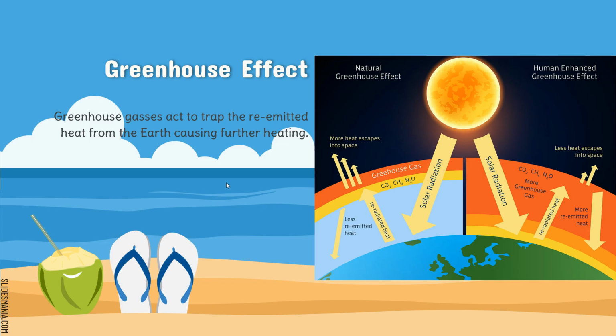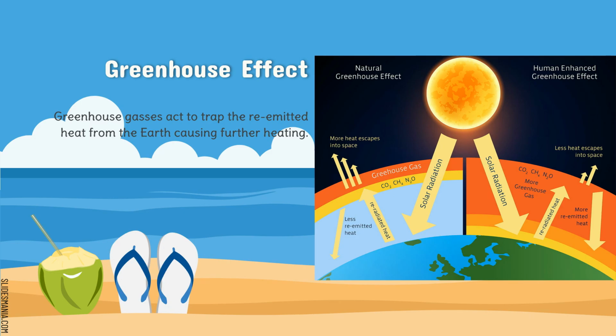So those greenhouse gases act to trap the re-emitted heat from the Earth, causing further heating of the Earth. And we've got this image here, natural on its own. Solar radiation comes in, right? That's the same no matter what. The re-emitted heat, again, is similar no matter what. We won't deal with too many super specific situations, but certain things, for example snow, are very reflective and would cause a lot more light to get reflected back.